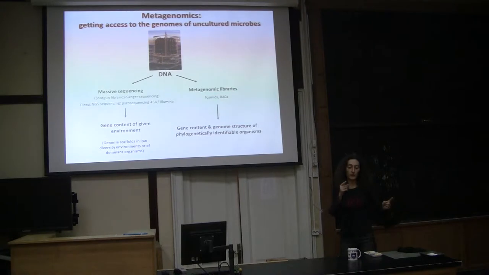This means that if you have one gene that can be used as a phylogenetic marker, you can place this genome fragment in a tree and more or less imagine the kind of organism it belongs to.